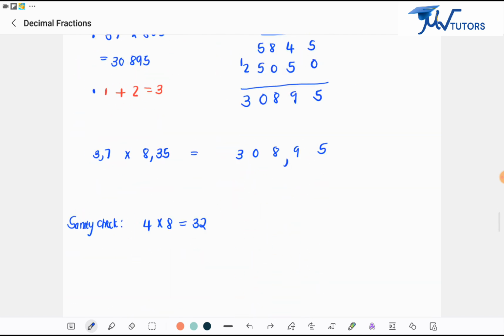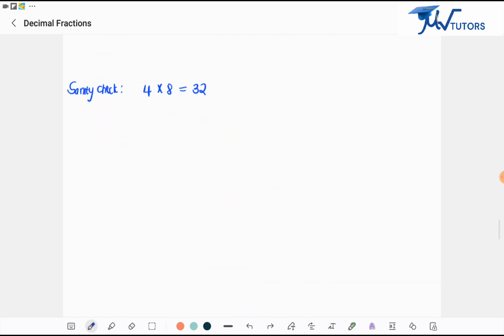Okay, let's just do another example. Let's make it a little bit challenging. So let's just say this is example number 3, and then we're going to basically have 25,458, and we're going to multiply it by 0,12.